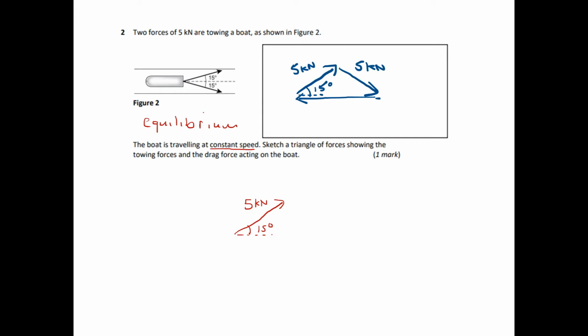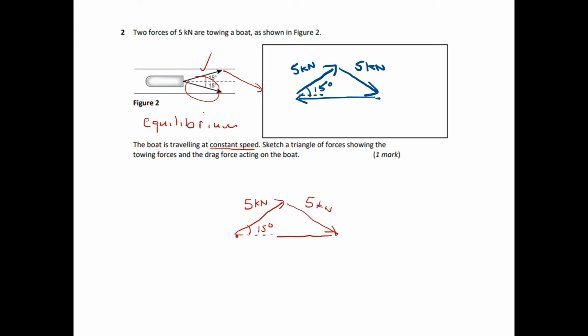We're then going to move this one into a position where it's aligning tip to tail with the first vector, and that's also 5 kilonewtons. With vectors, so long as you keep the direction of the arrow and the length of the arrow the same, you can slide them around, and we can align them tip to tail like this, and then to close the triangle we will find the drag force.